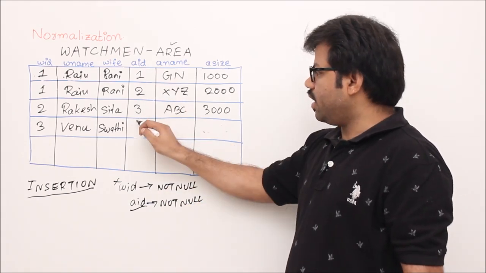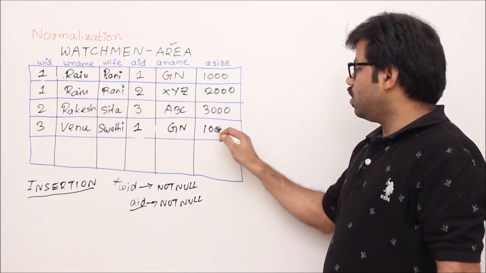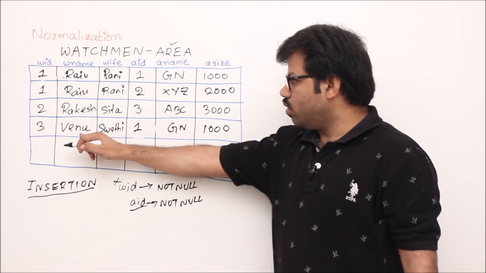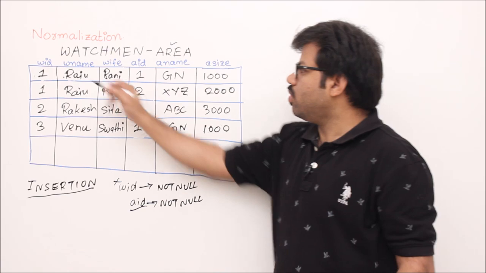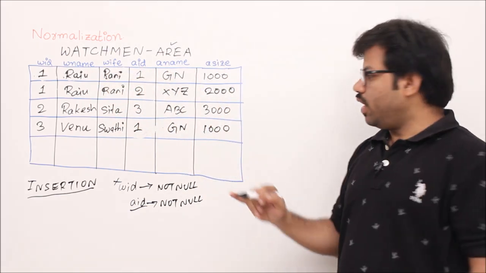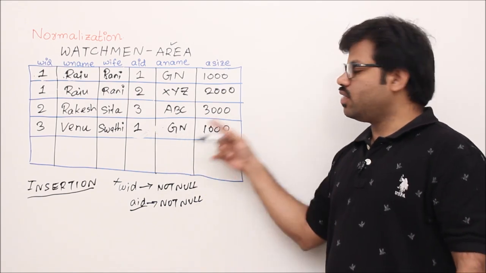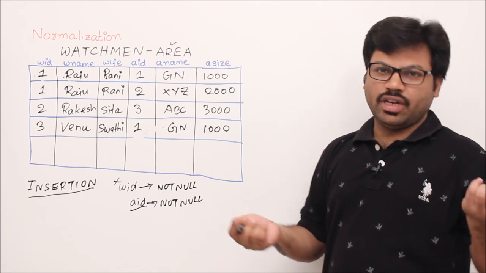Let's give the same area 1, Gandhinagar, 1000. So we say that Venu, you are not alerted, so you are temporarily allocated to this area. If you don't watch also, no problem, Raju is already taking care of that. Only for our purpose, that means to fill some values here, I added these values. In that way we have to convince Venu. So that's why it's a problem, insertion anomaly.